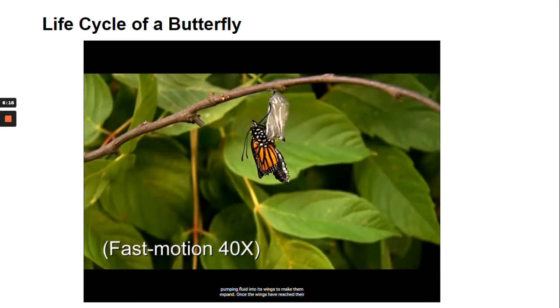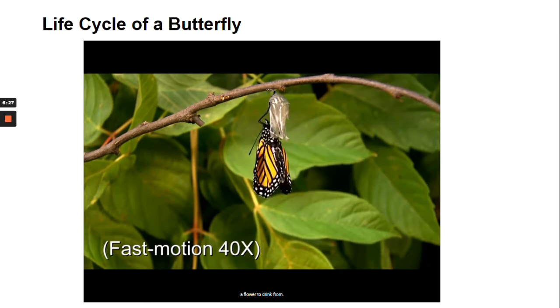The butterfly hangs upside down, pumping fluid into its wings to make them expand. Once the wings have reached their full size, the butterfly will wait until they are completely dry before flying off to find a flower to drink from.